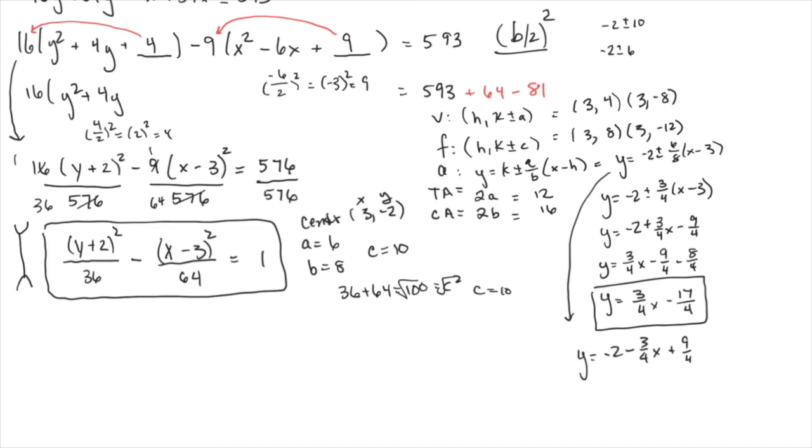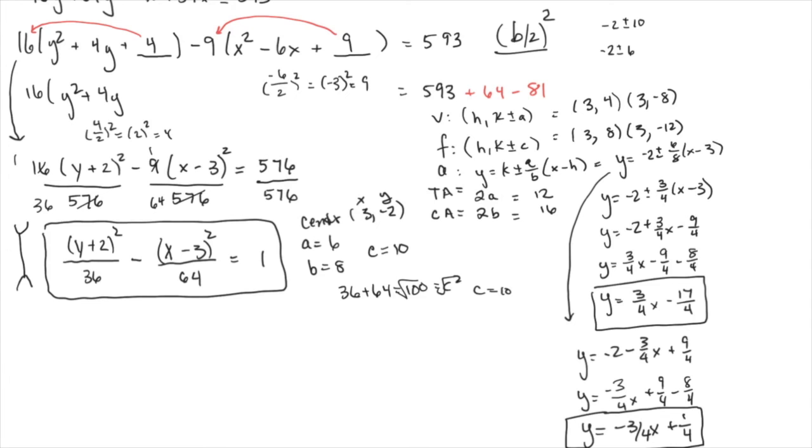So if I complete this, we're going to get y equals negative 3 fourths x plus 9 fourths minus 8 fourths, to get a final asymptote of y equals negative 3 fourths x plus 1 fourth. And that finishes it out.